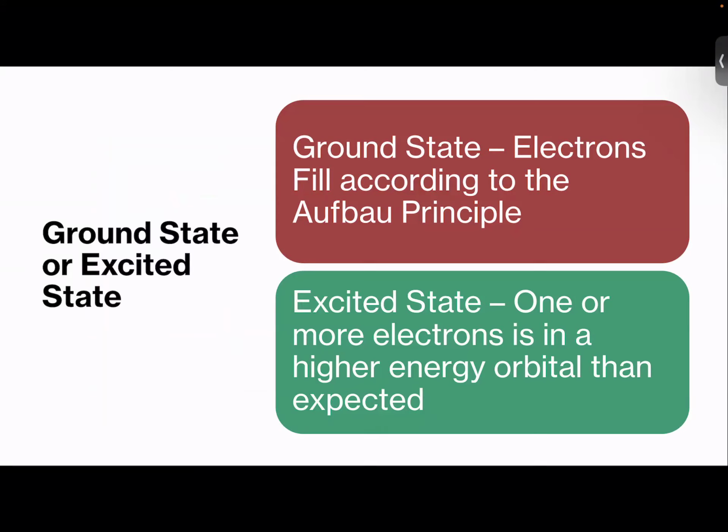Excited state means that the electrons are in an electron configuration other than what you expected. So again, I'm sorry, ground state follows the Aufbau principle. Excited state means that they are not in what is expected of them.